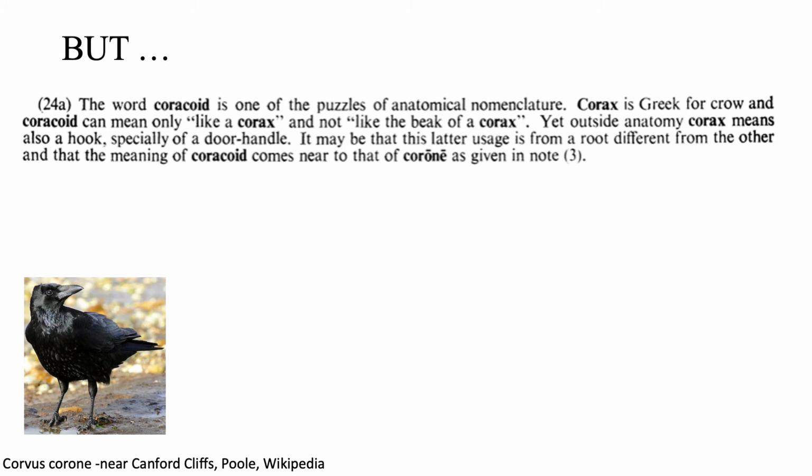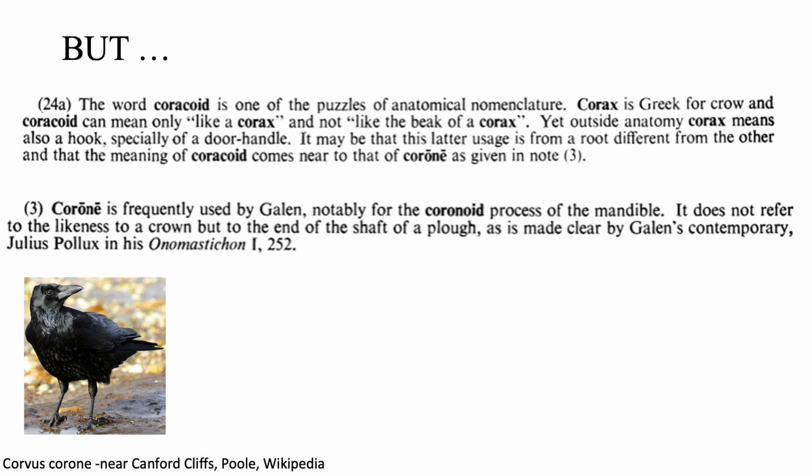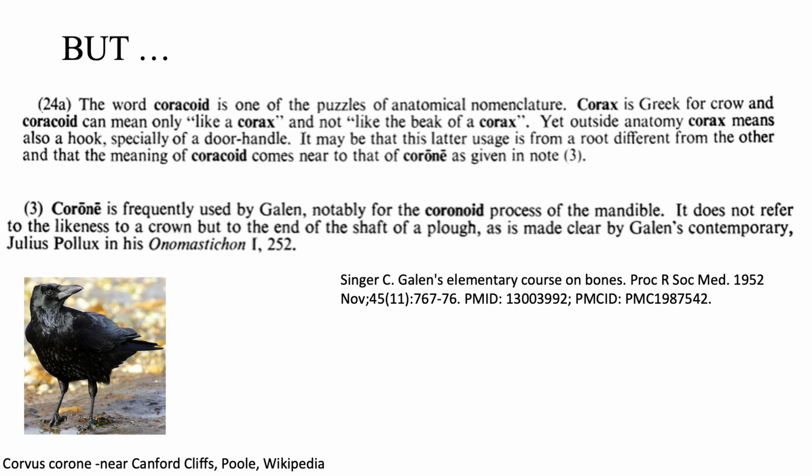And he thought that the corax Greek origin of crow is a little suspect, and it might come from a different word that looks like corax, that means something of that shape or function, like a door handle. And here he talks about coronae, which is another Greek word indicating something that looks like the shaft of a plow. Of course, vomer in the midface does mean plow, since that bone looks like that.